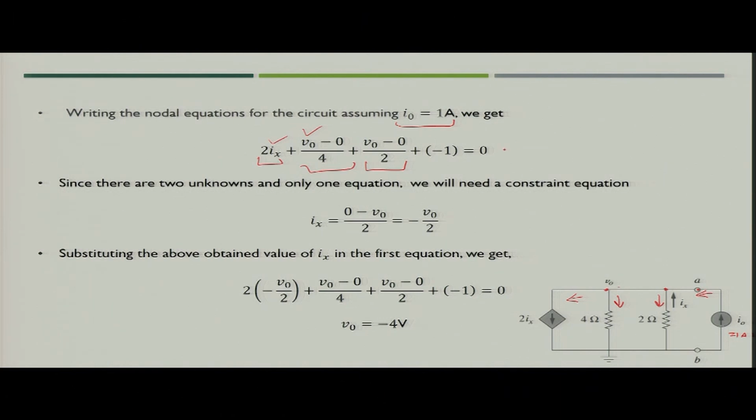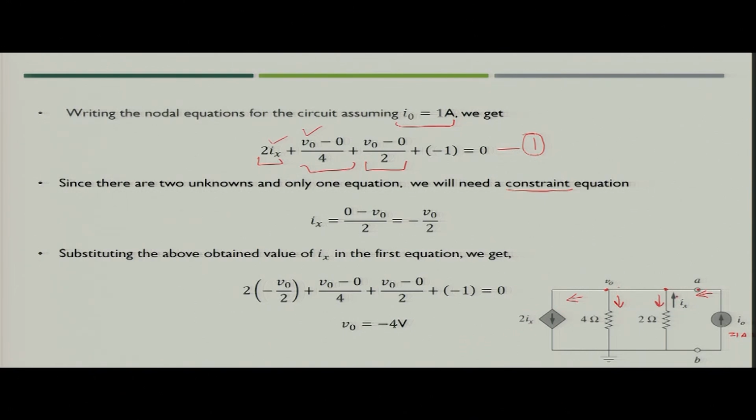Now, the problem is that since we have only one equation and two variables, we need at least one more equation to solve this circuit. So, from where will we get the second equation? The second equation we will get from the constraint equation. The constraint in this case is the current I x, which is defining the value of the dependent current source, that is 2 I x.